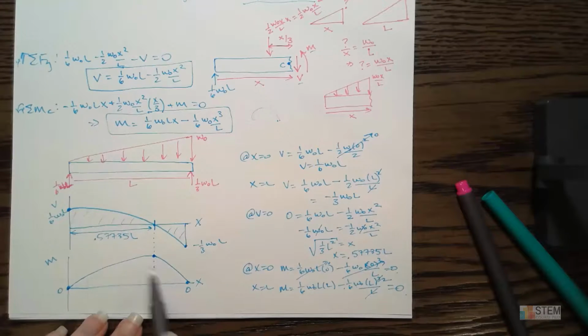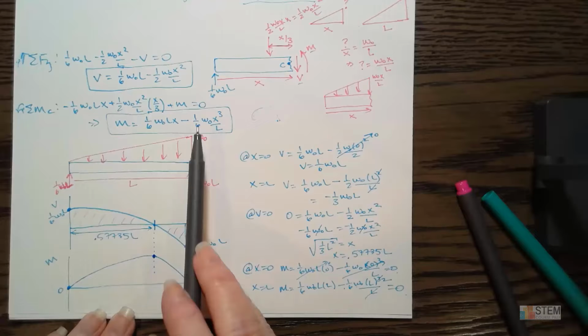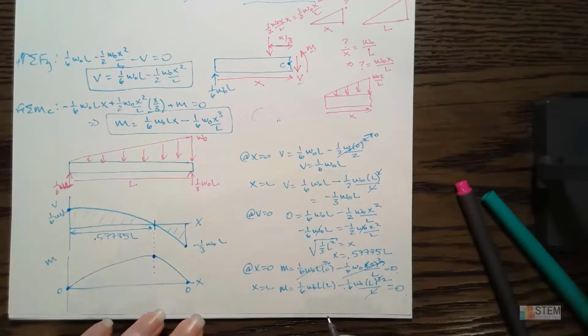Okay, so now we've got this, and I can find the value here, right? Because I know where this happens. It happens at this value of x. So I can take this for x, plug it in this equation here. All right.